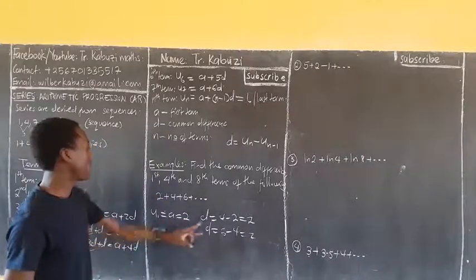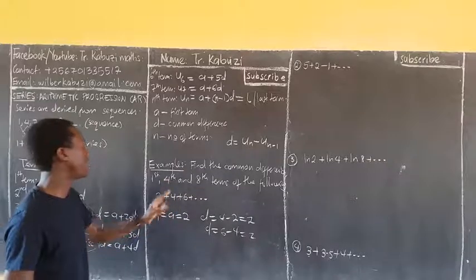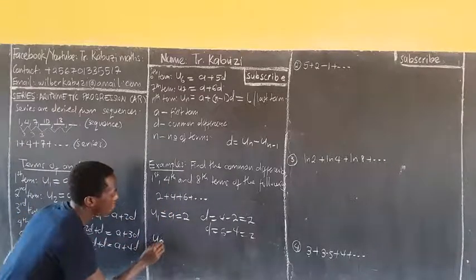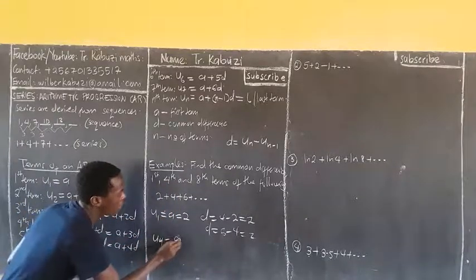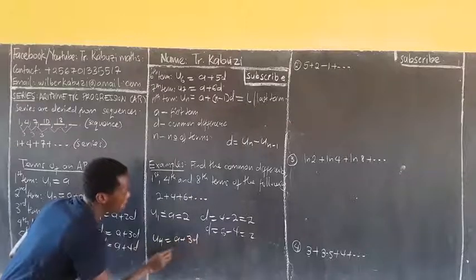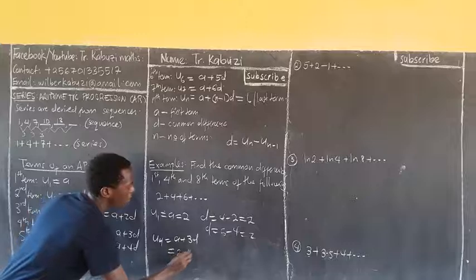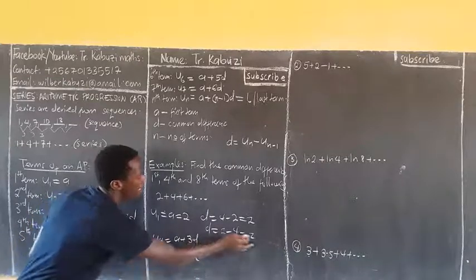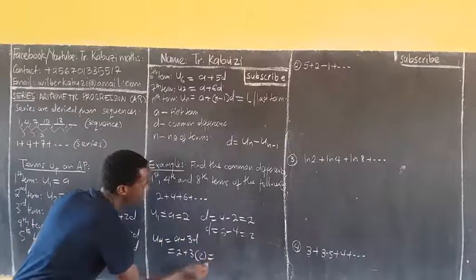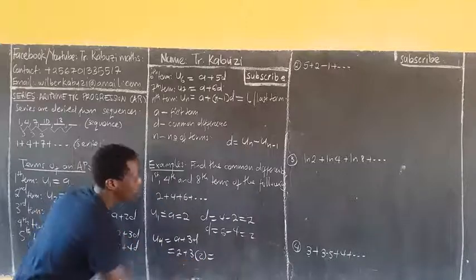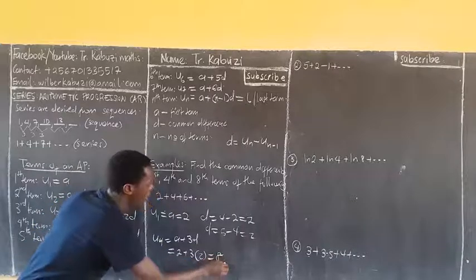Now, I have got my a, then the d, then I can get to the fourth term. My fourth term, you know that if it's the fourth term, it's always a plus 3d, which will be my a, the first term, which is 2, then plus 3 into my d, which is 2. So this will be 6 plus 2, that will be an 8.